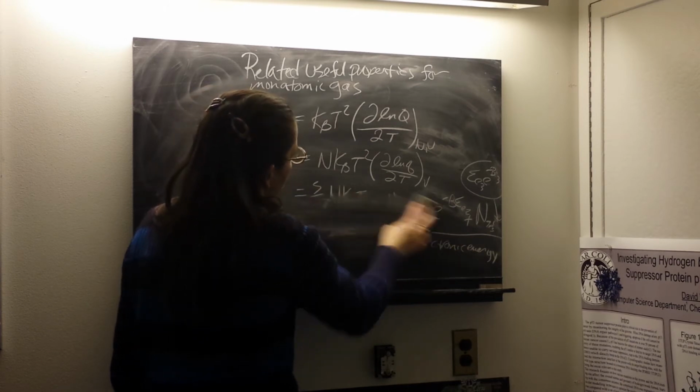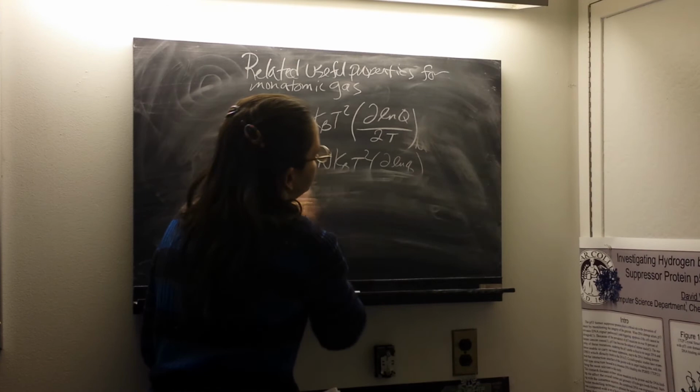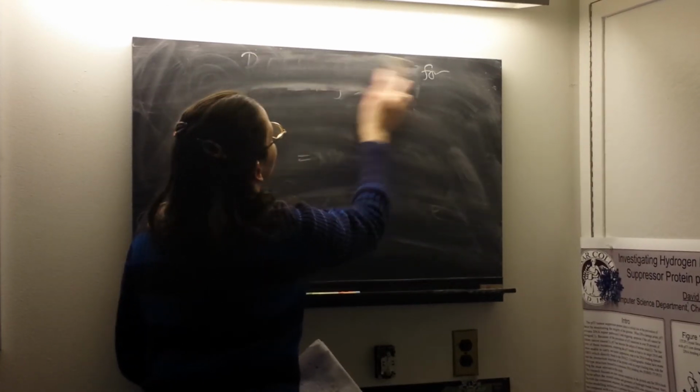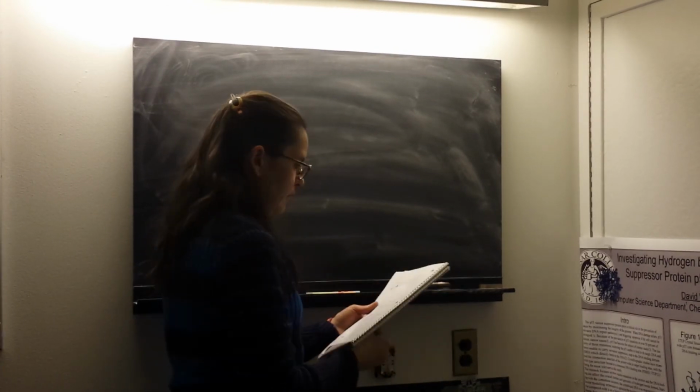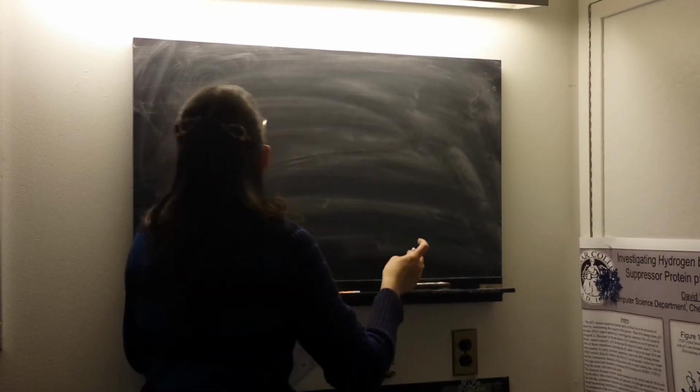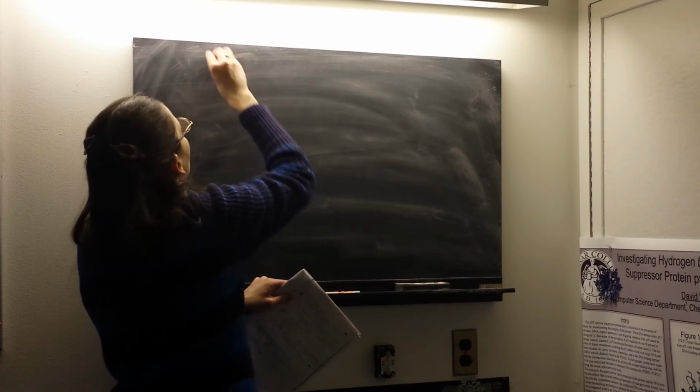So the next thing we're going to discuss then is the diatomic gas. So, in order to discuss the diatomic ideal gas, let us call to mind what our model is going to be.